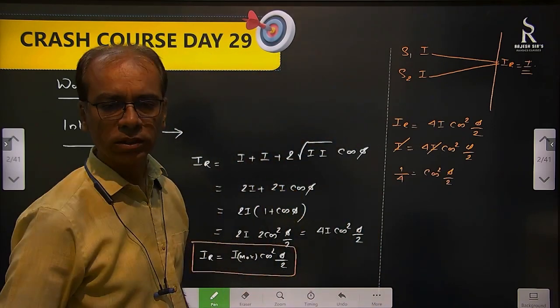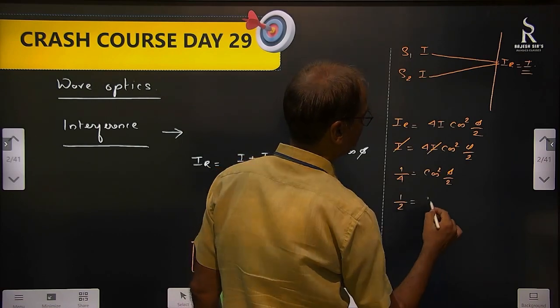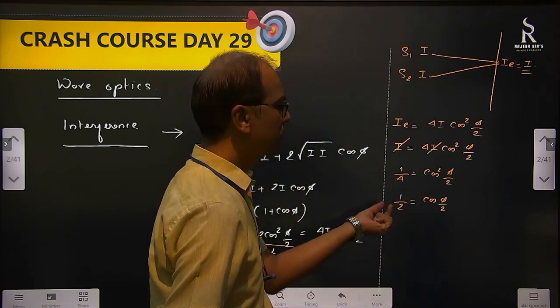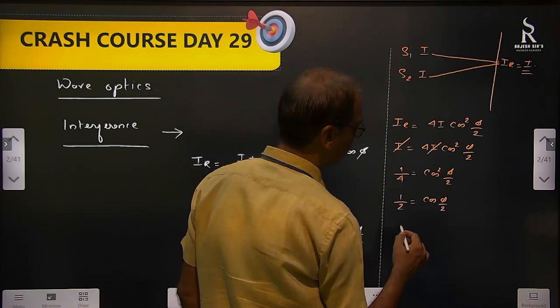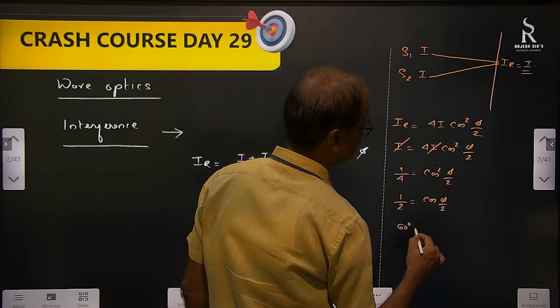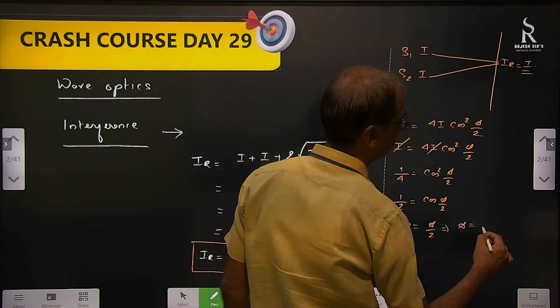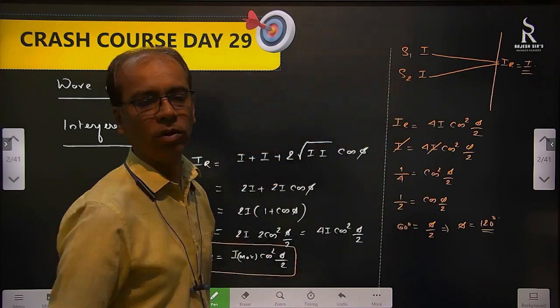Taking the square root on both sides, 1 by 2 equals cos phi by 2. Cos inverse 1 by 2 is 60 degrees, so 60 degrees equals phi by 2. That means phi is 120 degrees. We got the phase difference.